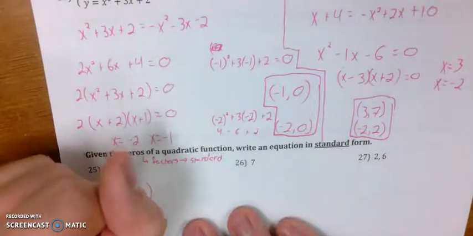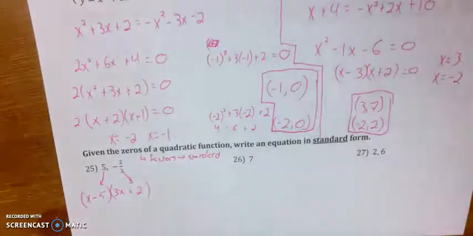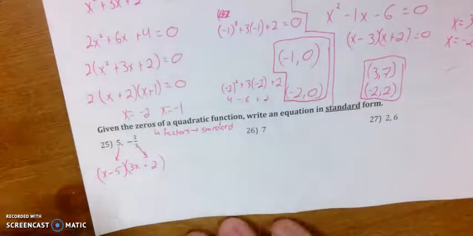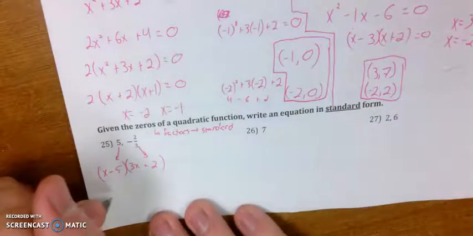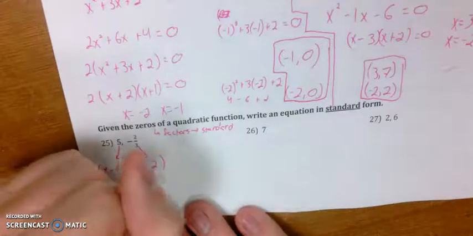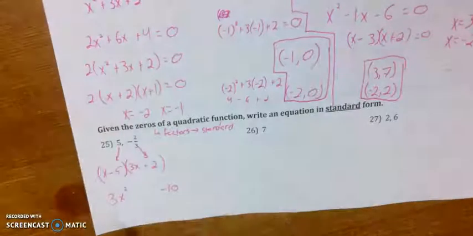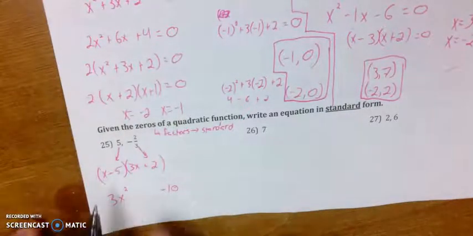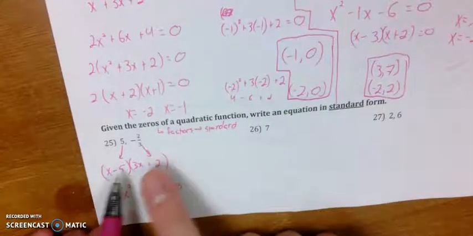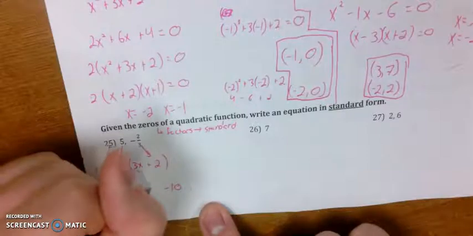So 3x plus 2 would be the factor from these two values. All right, so then we distribute. We'll get 3x squared to start off, and I know it's going to end with a minus 10. And then let's get that middle term. So I'd have a 2x and a negative 15x, negative 13x in the middle.